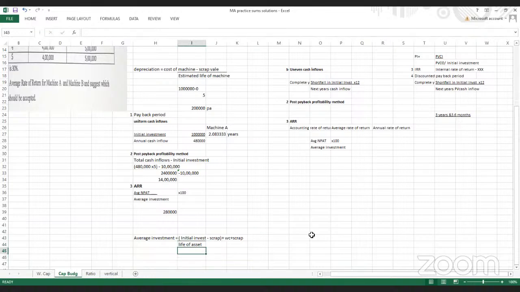Initial investment is 10 lakhs, minus scrap is 0, plus working capital is also 0, and life is 5.